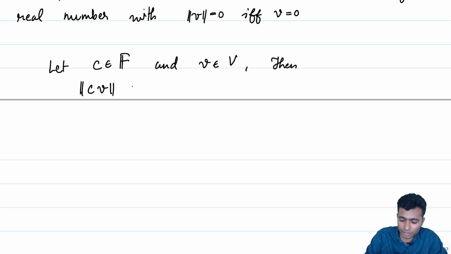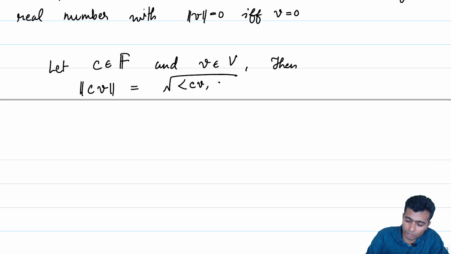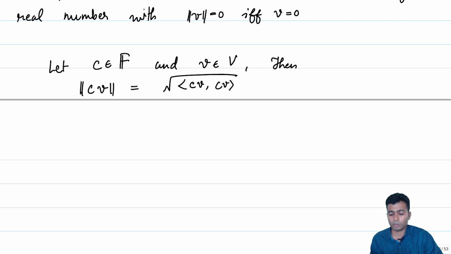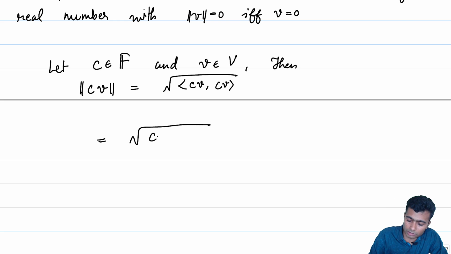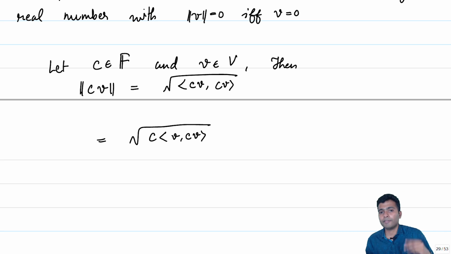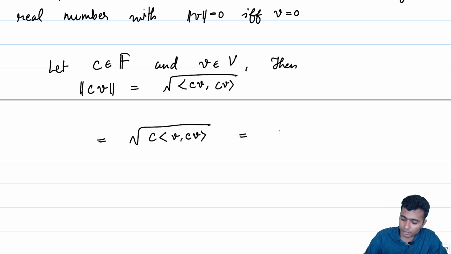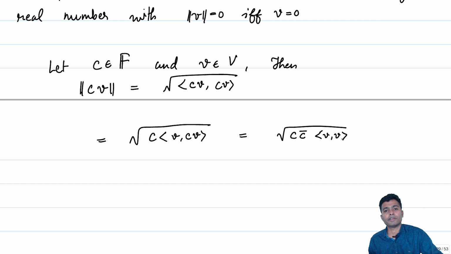The length of C times v is just the square root of the inner product of Cv with Cv. But the linearity in the first argument tells us that this is the square root of C times the inner product of v with Cv. And we have already checked in the last video that conjugate linearity tells us that this is C bar times the inner product of v with v.